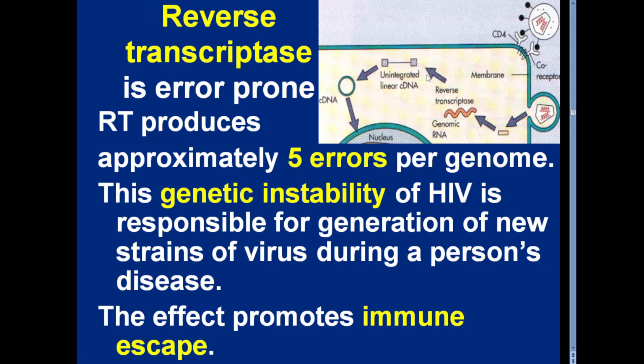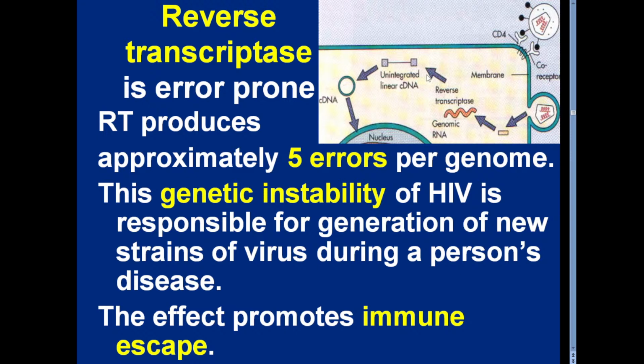This unusual transcription, when information is rewritten from RNA to DNA, is unique and really not usual for biology, for all living organisms. As a result, there are about 5 errors per genome when information is rewritten not from DNA to RNA but the opposite, retro, from RNA to DNA.